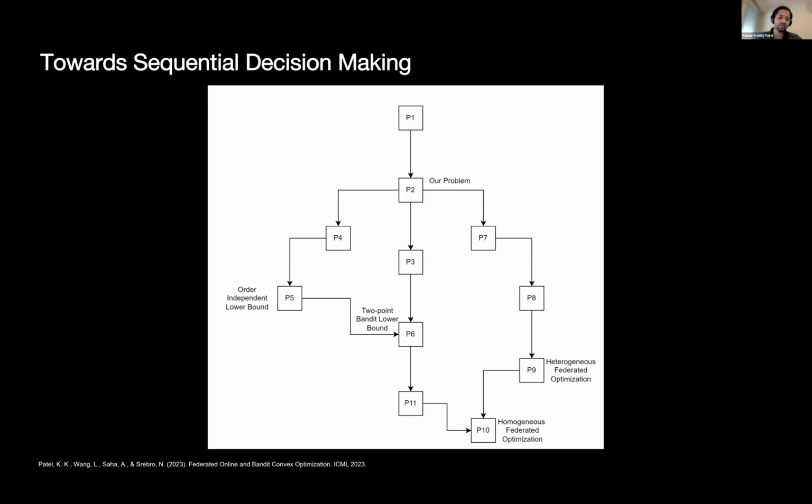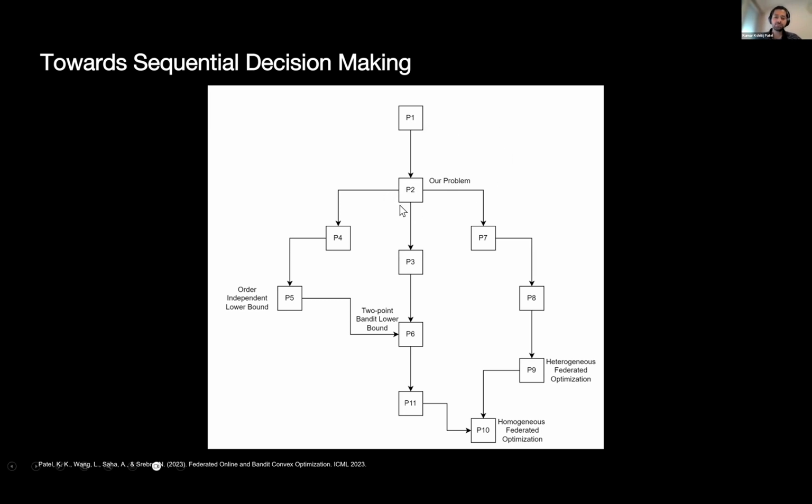To maybe give you a picture of how nascent this area is, this is basically a directed graph which is trying to capture min-max complexities of different problems. The lower a problem is, the lower the min-max complexity of that problem is, so it's an easier problem.